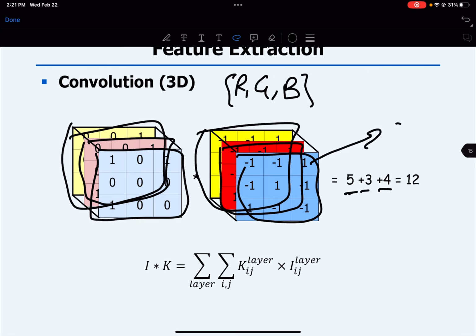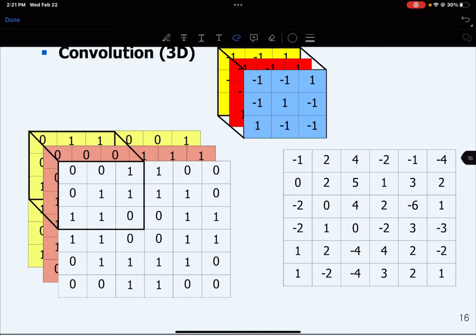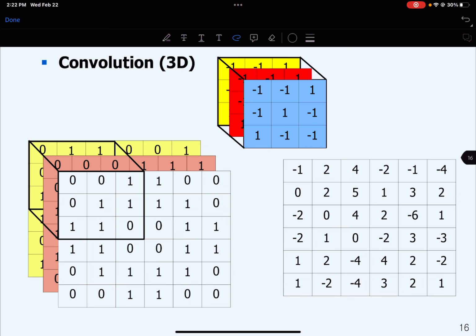This will give us one value, this will give us another value, and the third kernel will give us another value, and the total sum for one position will come out to be 1, because essentially our image is a combination of R, G and B values, right? So the output is 1 value. Applying the 3D kernel also, we will get a value like this.